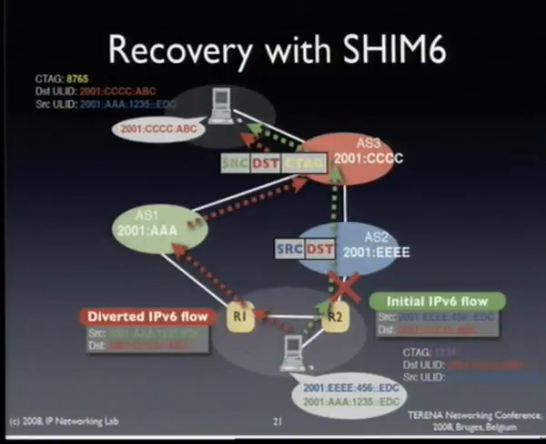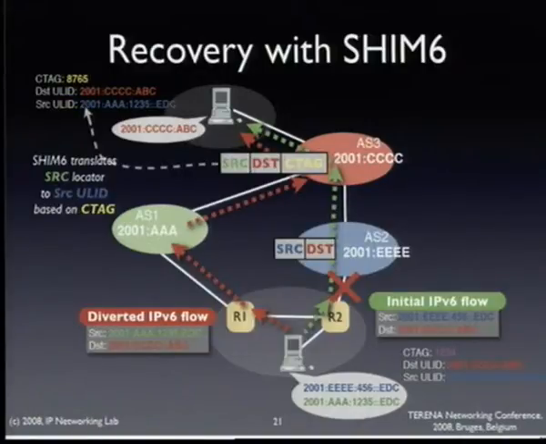Afterwards, if there is a failure, the diverted flow will use as source address an address in the AS1 prefix, with a context tag in the IPv6 Shim6 extension, which will allow the mapping to the IP address which was used as identifier by the transport layer, and that without any change in the application programming interface.